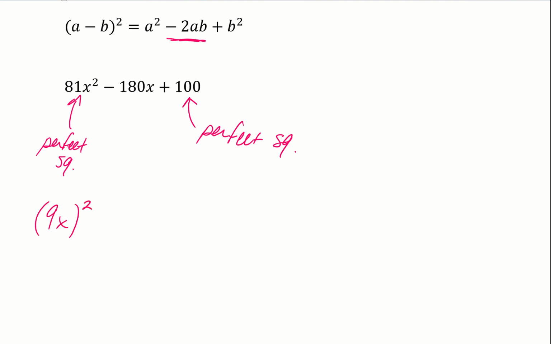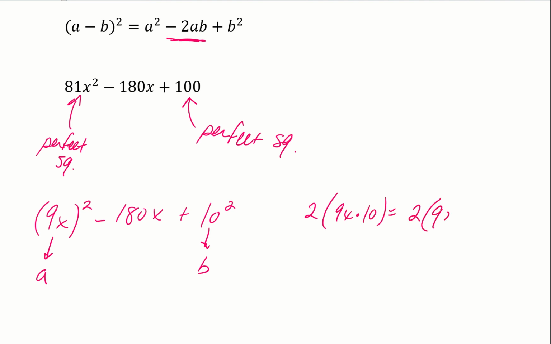So it would be that quantity squared minus 180x plus 10 squared. So this would be your a term. 10 would be your b term. So over here we can do 2 times 9x times 10, which would be 2 times 90x, which would be 180x. So what you can see is this follows that pattern.